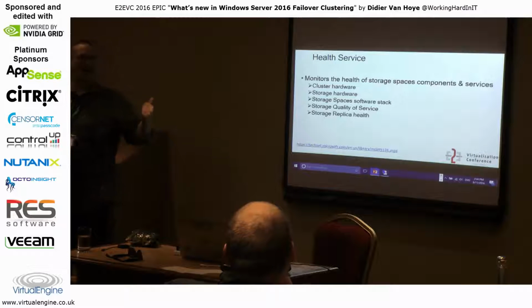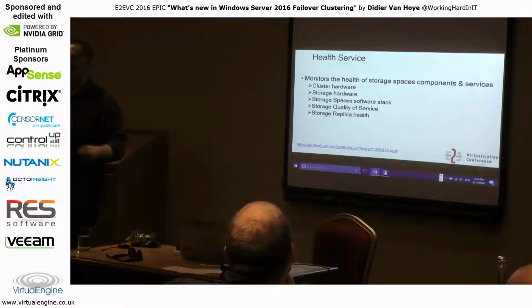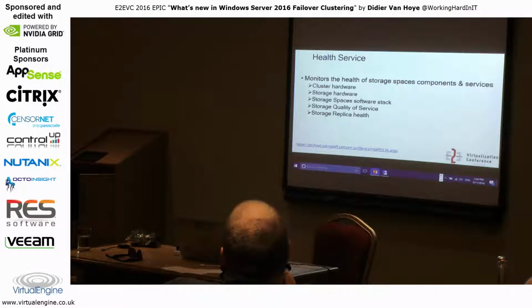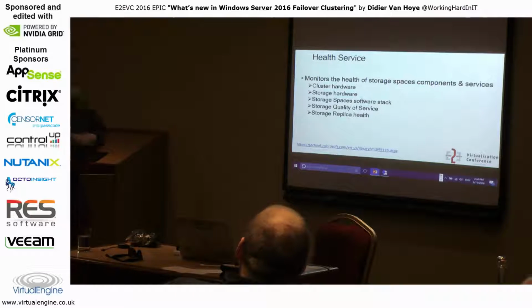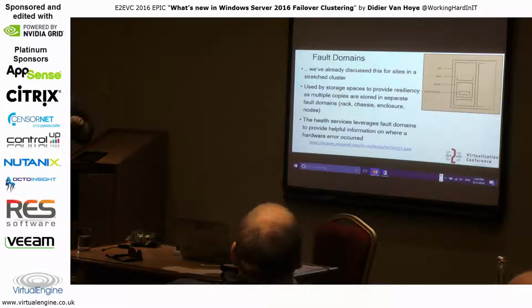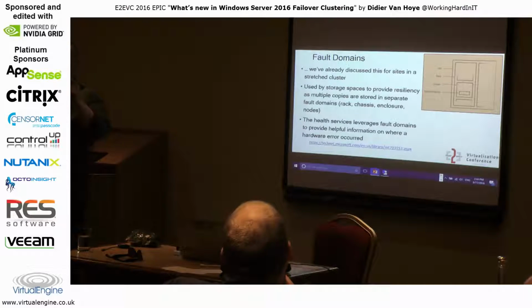Something else that's new is the health service. It has a built-in health service, and it can tell you, is my replication running fine? Is my site okay? Are my storage spaces healthy? It can pinpoint, based on fault domains, where the problem is. In what rack? In what JBOD? What disk is it?